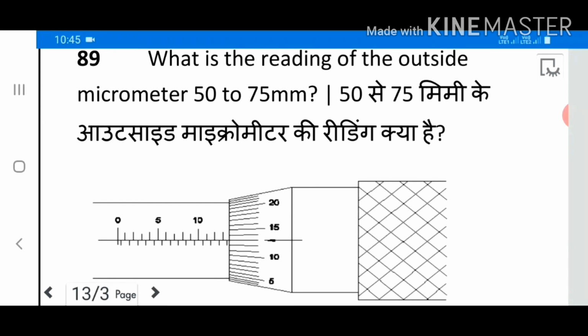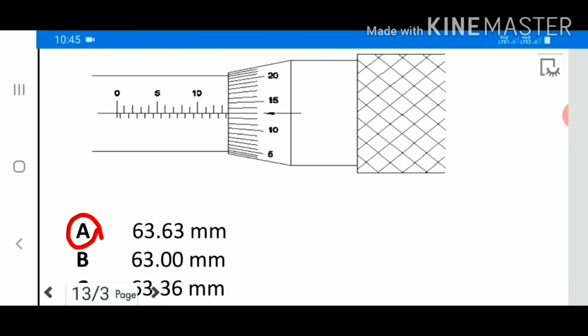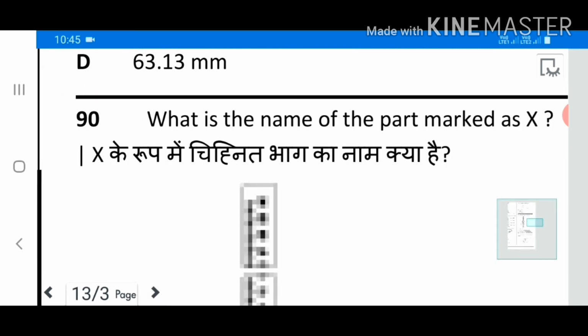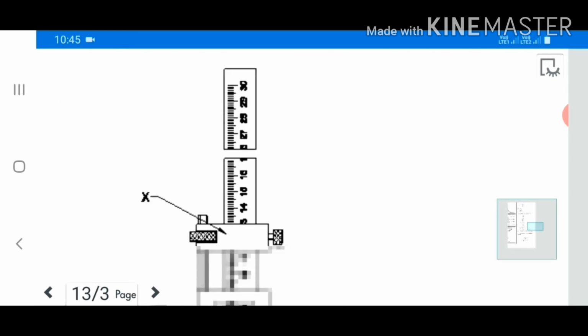89. What is the reading of the outside micrometer, 50 to 75 mm? Answer 63.63. 90. What is the name of the part marked as X?